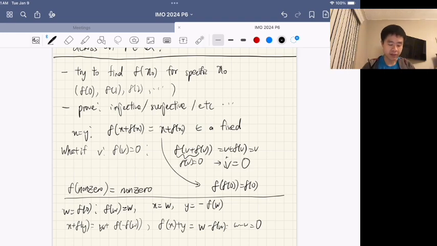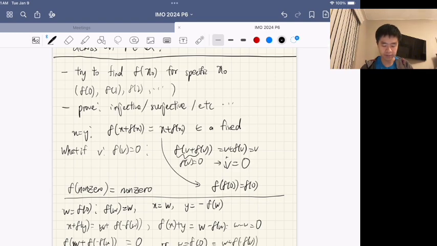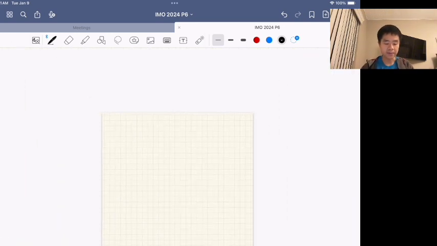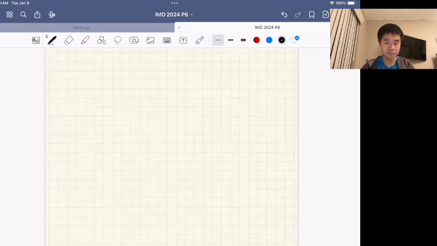So we have either f(w) plus this thing equals 0, or f(0), which is basically just w, equals w plus f(minus f(w)). So this thing is 0.